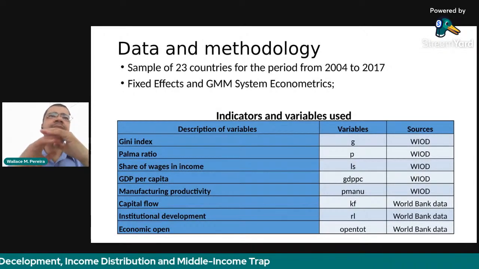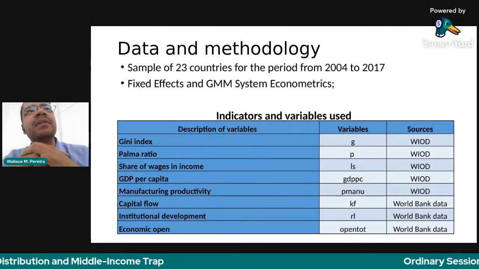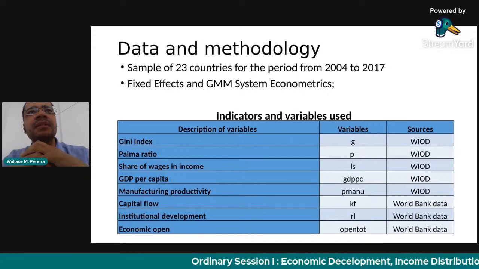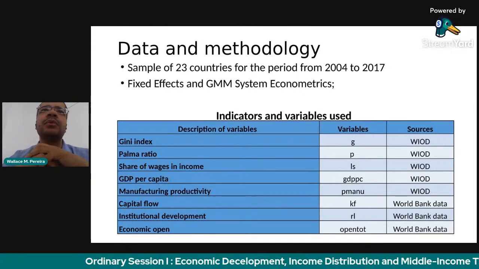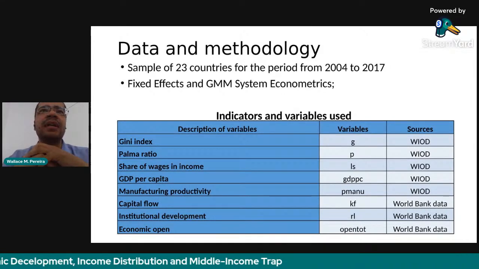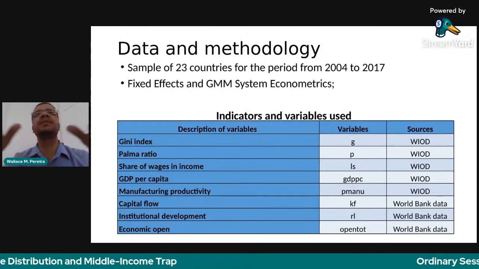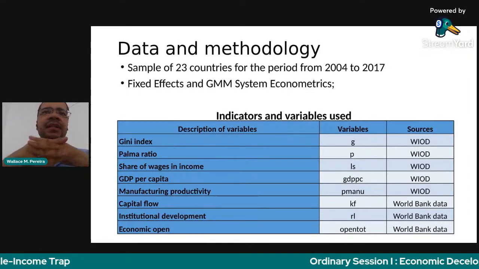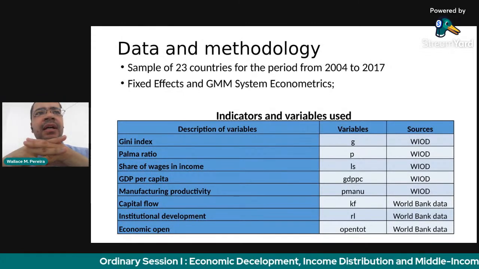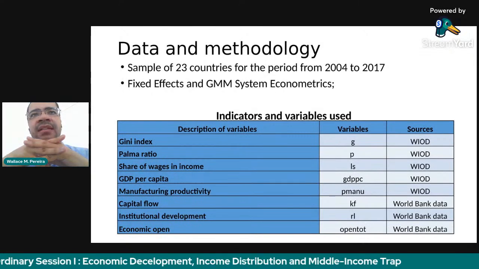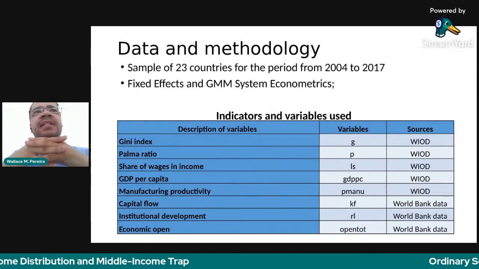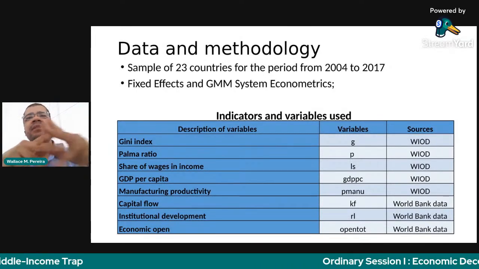So, for the data and methodology part, we use a sample of 23 countries for the period 2004 to 2017. We chose this period because of the availability of the variables, especially share of the wage income, and we use fixed effects and GMM system econometrics.